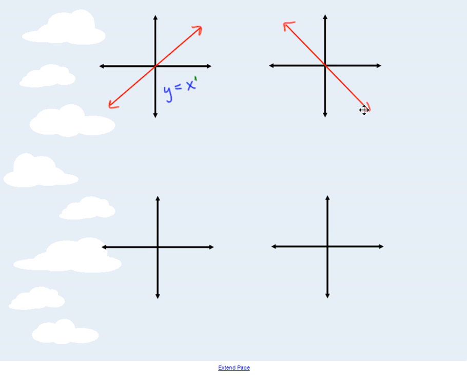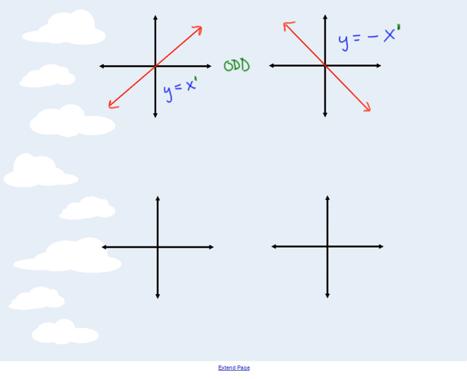So this would be the graph of the line y equals negative x. So my exponent here would still be a 1. So if the equation is odd, then it's going to follow this basic pattern.